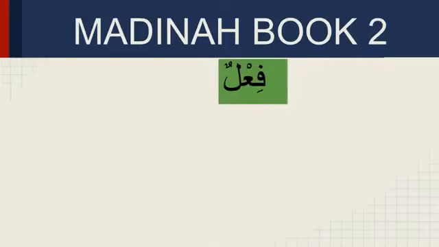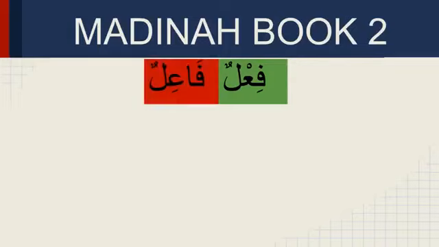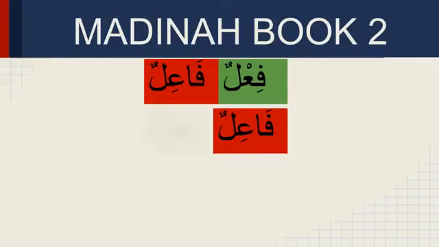When we write Arabic, we always write the fa'al and then the fa'il comes afterwards. But when we translate into another language, the fa'il is translated first and then the fa'al. This is the sequence we need to remember. It's very important.